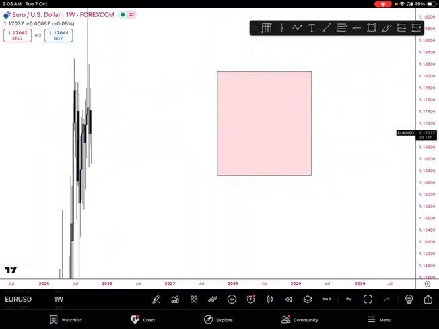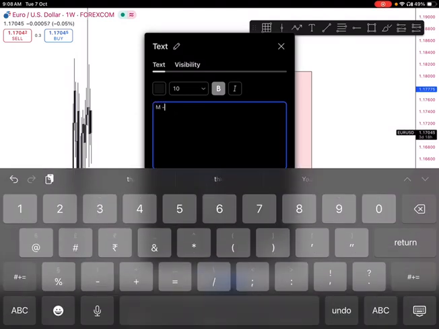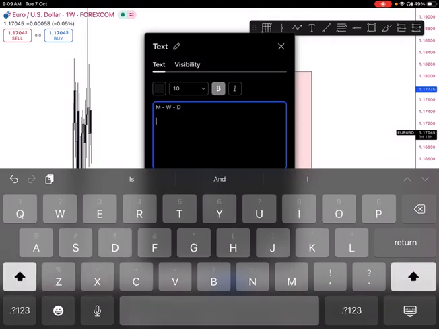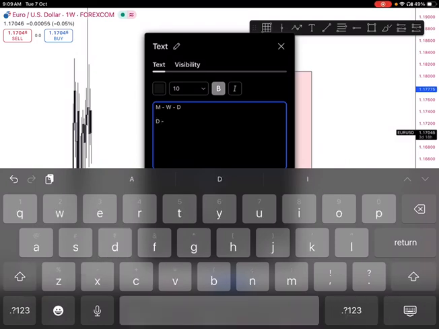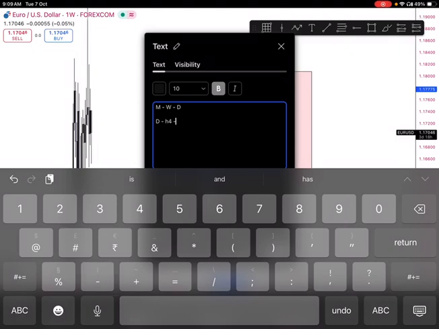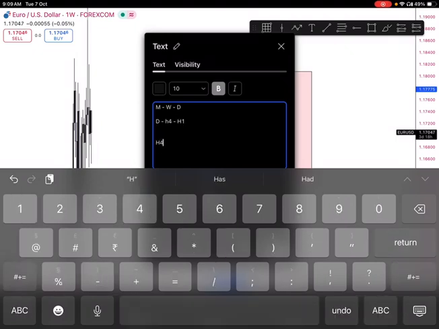If you start from the monthly time frame, you need to look at the weekly and daily time frames. So you always need to look at three time frames: daily, H4, and H1. If you are looking from H4, you start from H1 and you end at M30.